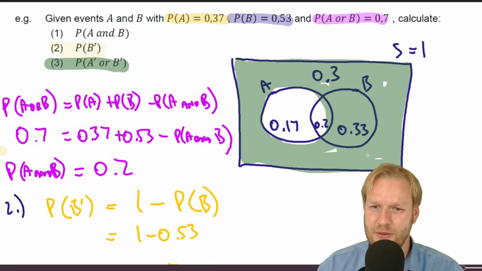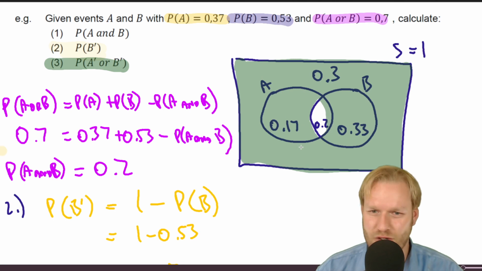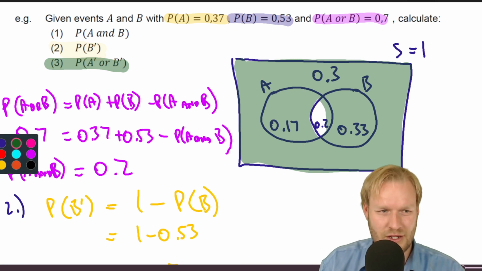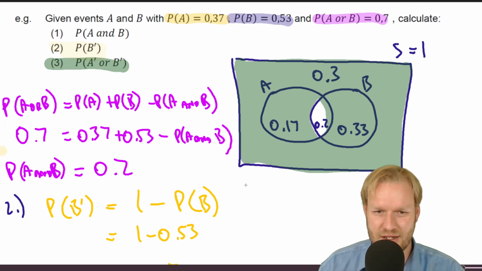And the probability of not B, so what we're going to add in is all the not B things. So that is this over here. Now I've highlighted everything that's not A or not B. What it looks like is there's only one bit that we haven't highlighted.